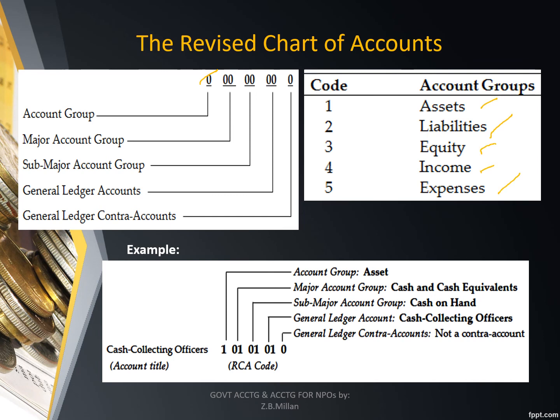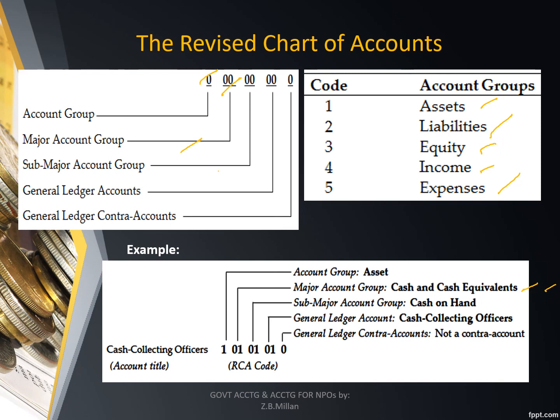The second two digits of the UACS code is the major account group. Major account, kung ito man ay, kung asset ito ay cash equivalent, kung ito ay inventory, kung ito ay receivable, and so on. For the 4th and 5th digit, correspond doon sa ating sub-major account group.